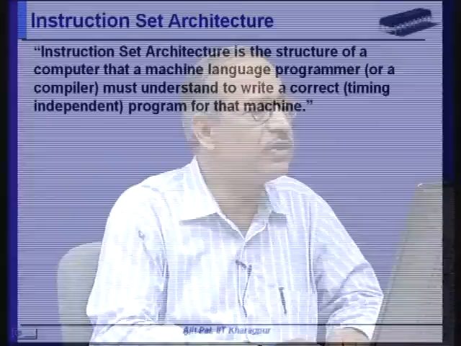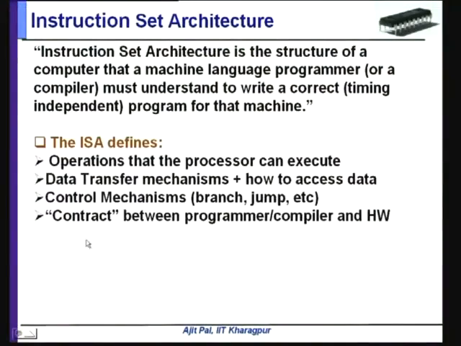So, instruction set architecture is equivalent to the vocabulary of the processor, which the programmer must know, and with the help of which he can write a program in assembly language or machine language. So, what does the instruction set architecture define?